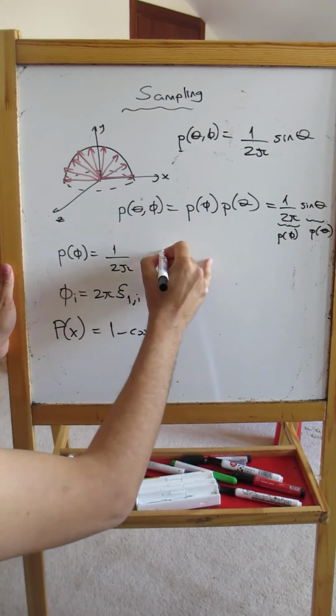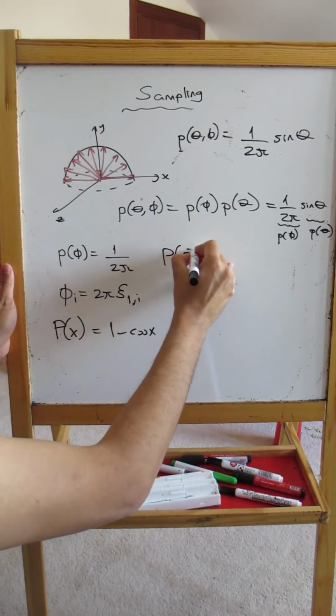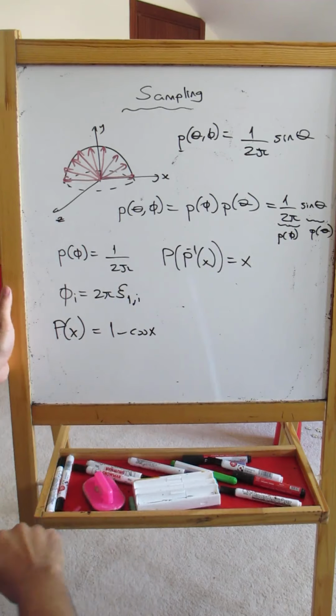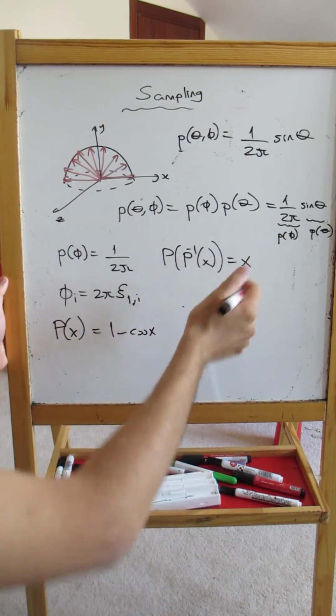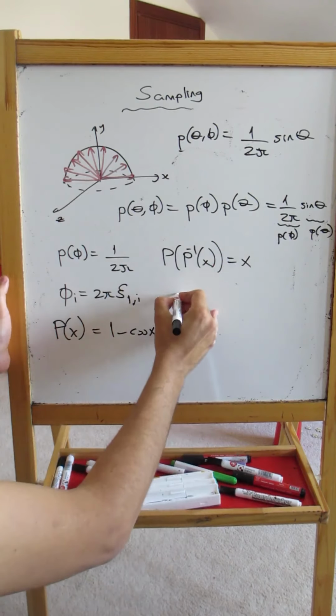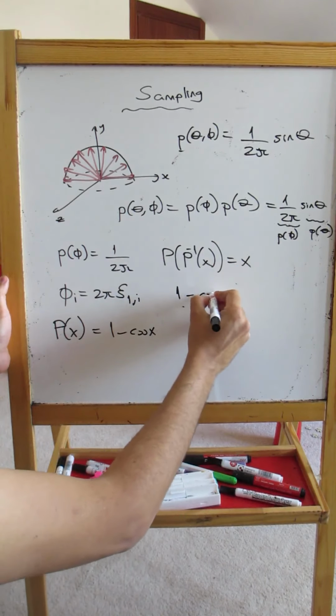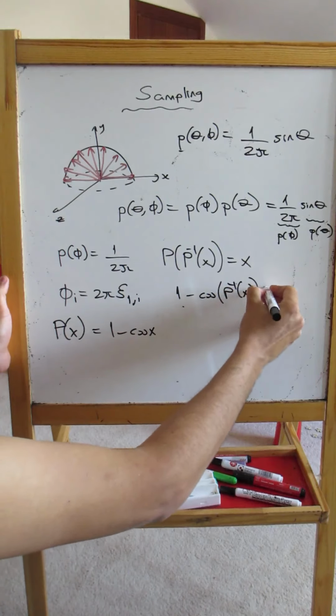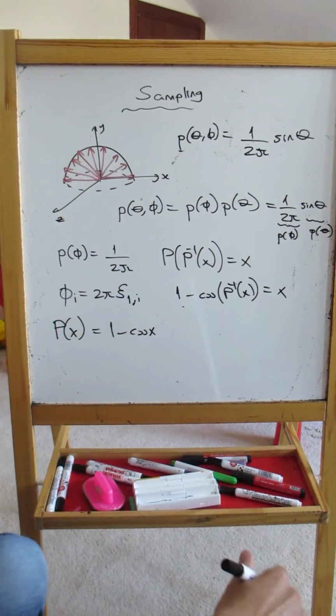Now the inverse, when you give the CDF as an input, should give you x on the output. So 1 minus cosine of the inverse is equal to x.